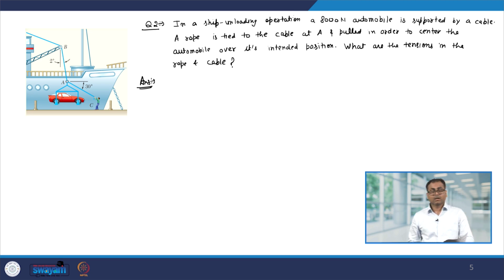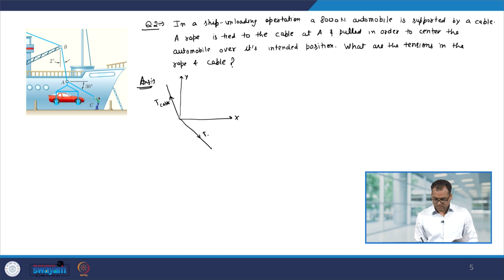Okay. So, the first step is to make the free body diagram. Let us say this one is the x axis and this is the y axis. In the cable, let us say the tension is T cable, and in the rope, let us say the tension is T rope.